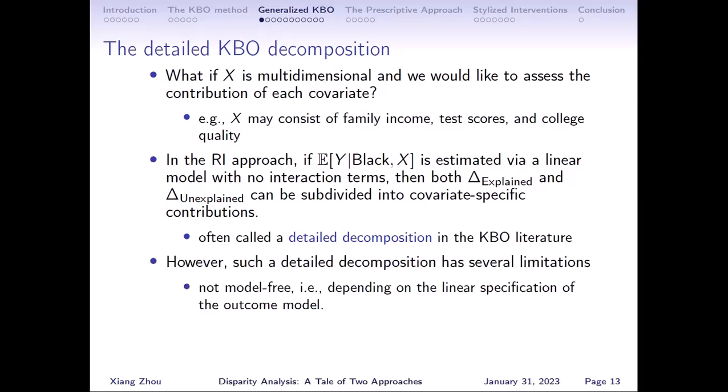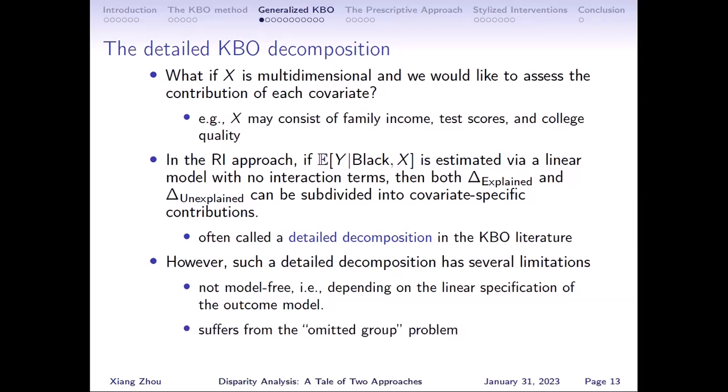However, such a detailed decomposition comes at a cost. It has a couple of limitations. First of all, it is not model-free. It depends on the linear specification of the outcome model. Actually, if we specify a more complicated outcome model where we include interaction terms between different covariates, then there isn't a clear way of separating out their respective contributions. So it's a model-dependent estimate.